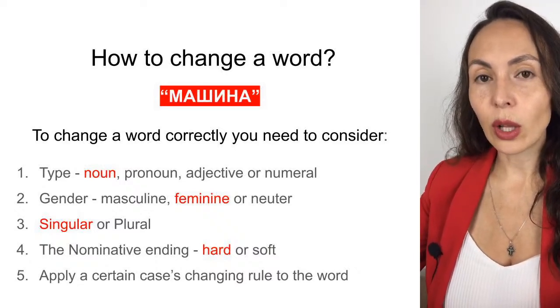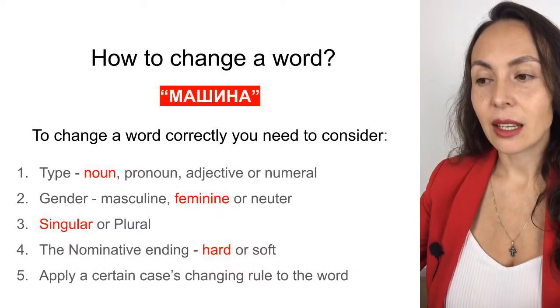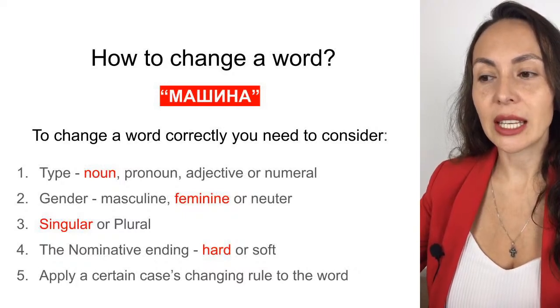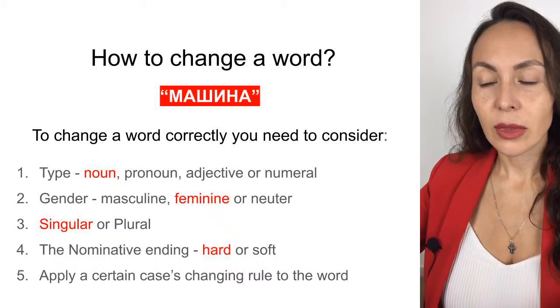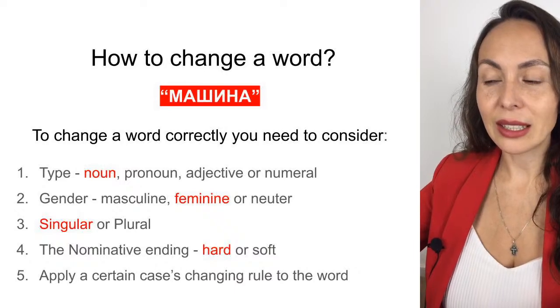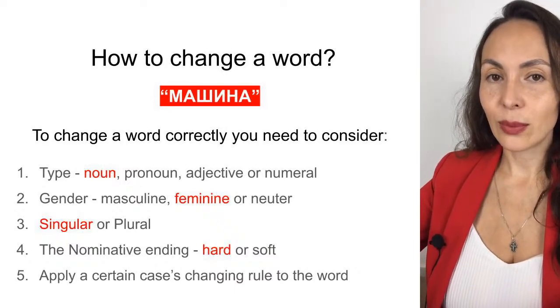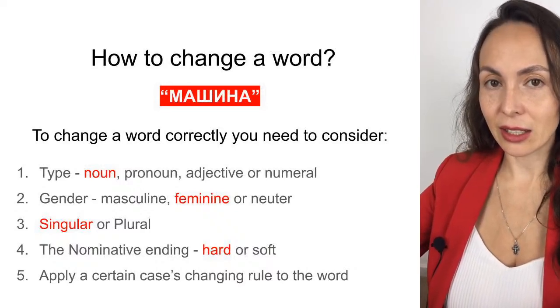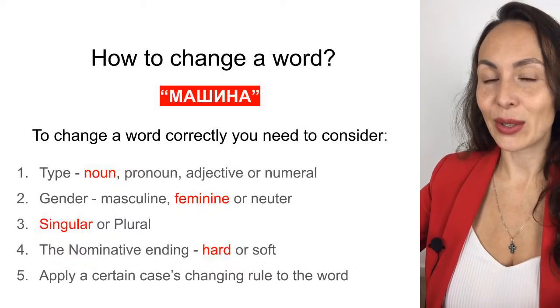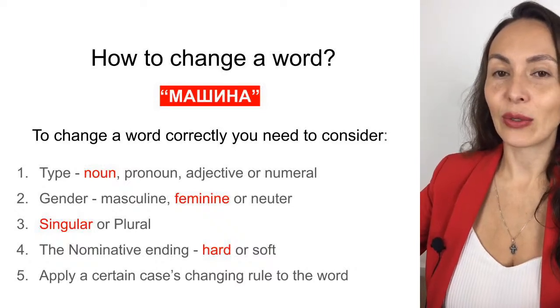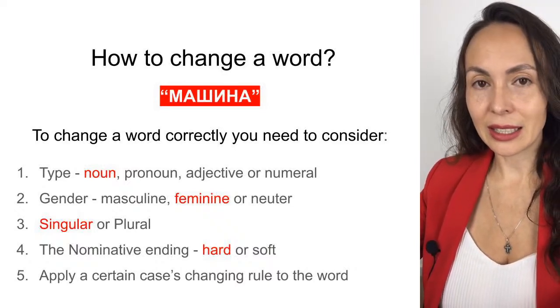So first of all, you need to decide what it is. In this case, машина is a noun. Then you need to think of the gender. Is it masculine? Is it feminine or neuter? Because you have different endings for nouns of masculine gender, nouns of feminine gender, for nouns of neuter gender, and so on.